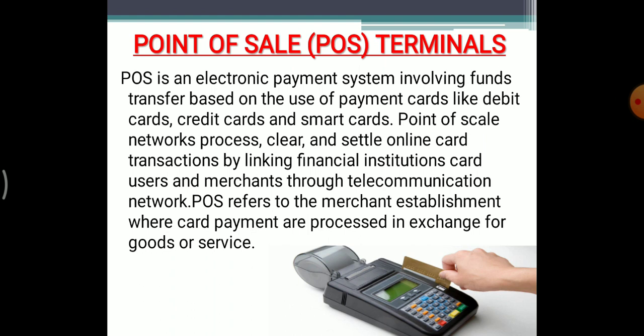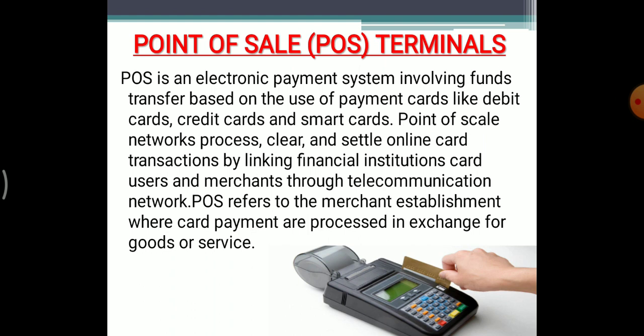So at the point of sale, the merchant calculates and indicates the amount to be paid by the customer, and this gives the customer a flexible option for making a payment.